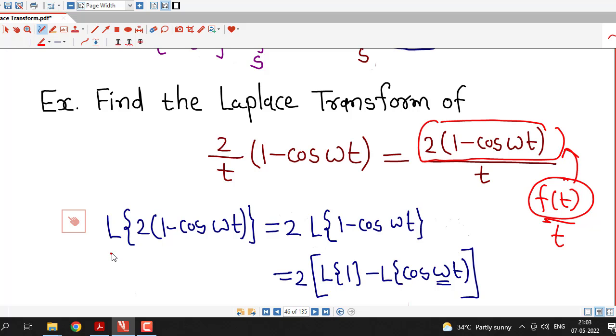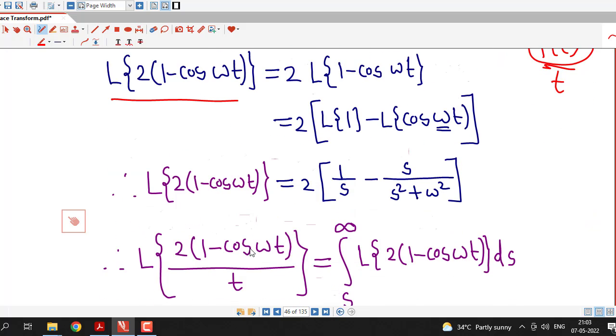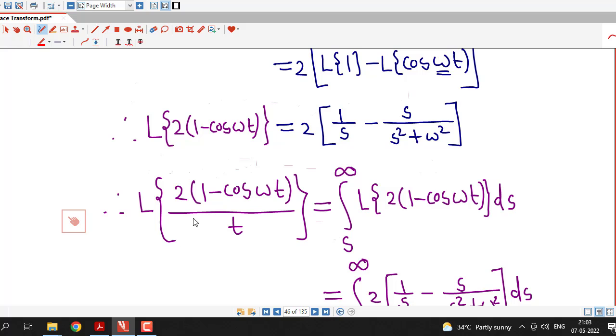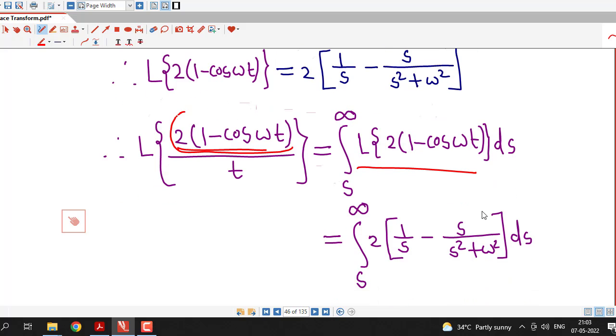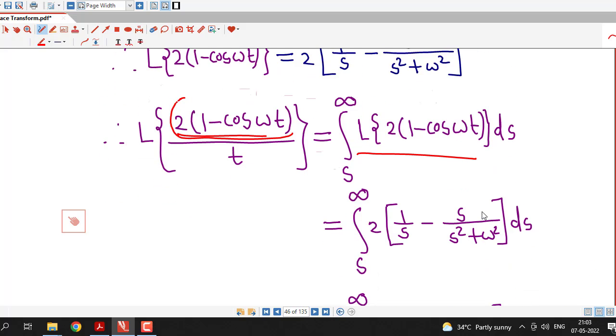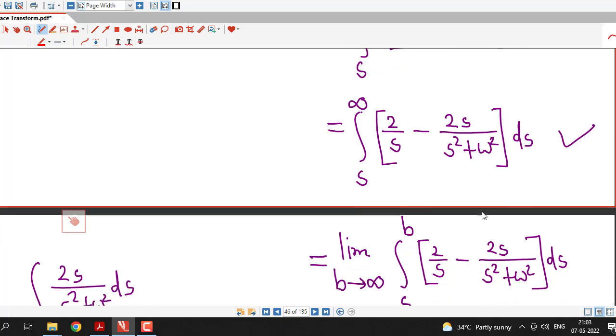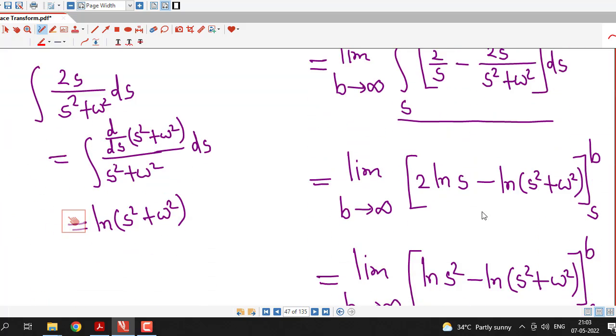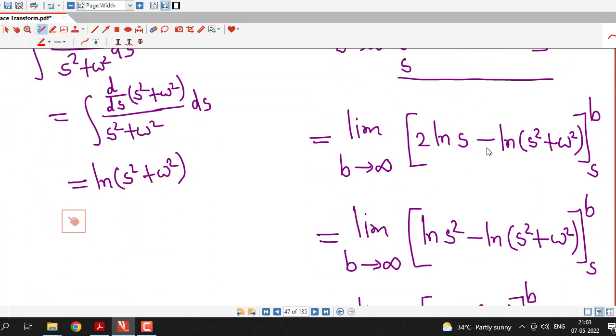First we obtain the Laplace transform of this function, and then the Laplace transform of this function divided by t is equal to the integral of the Laplace transform of this function with respect to s. And while integrating, we have a logarithmic function here, so we have used properties of logarithm.